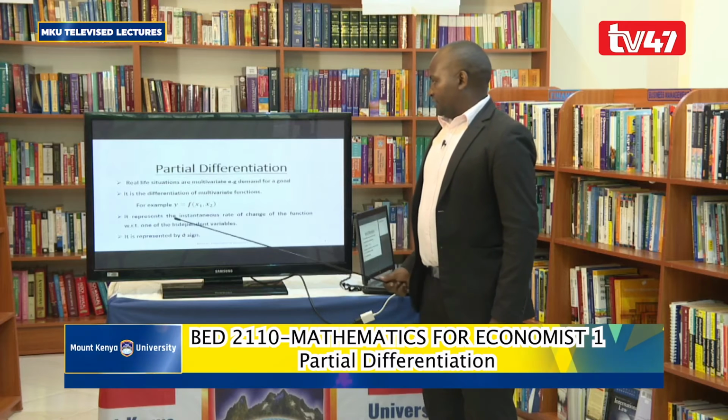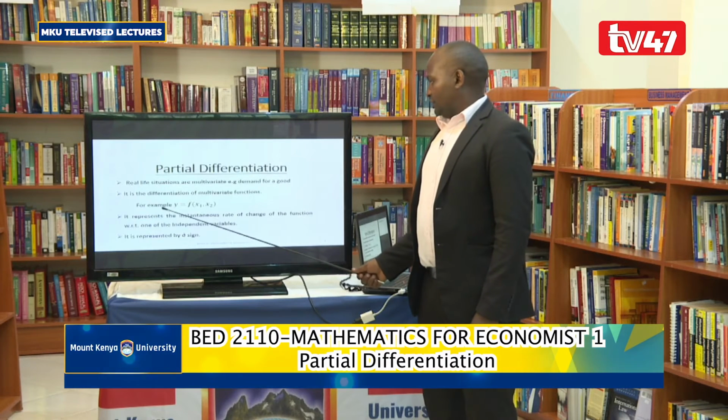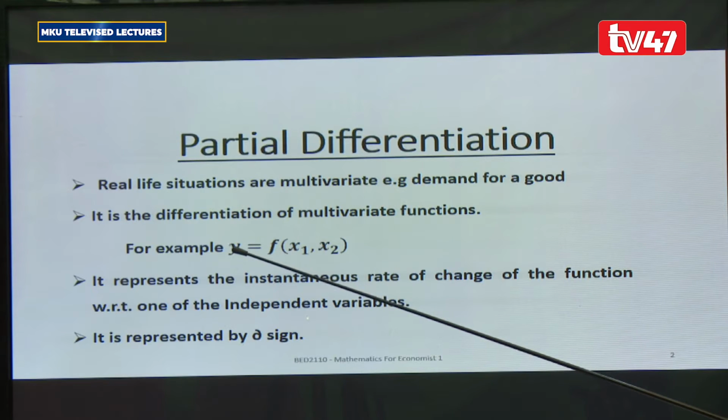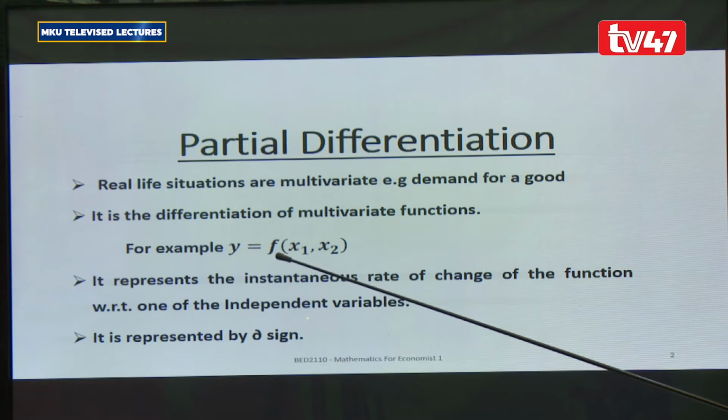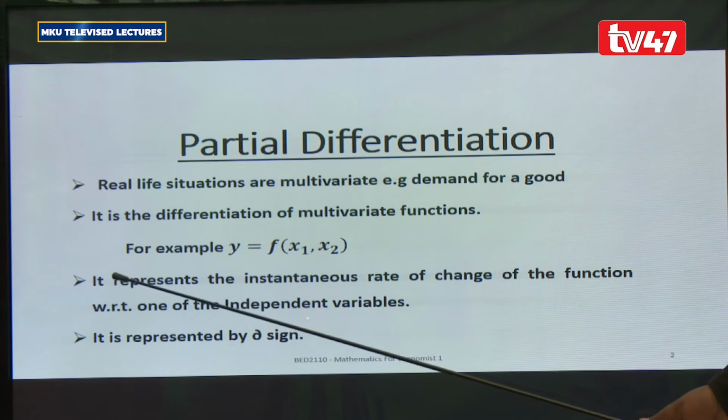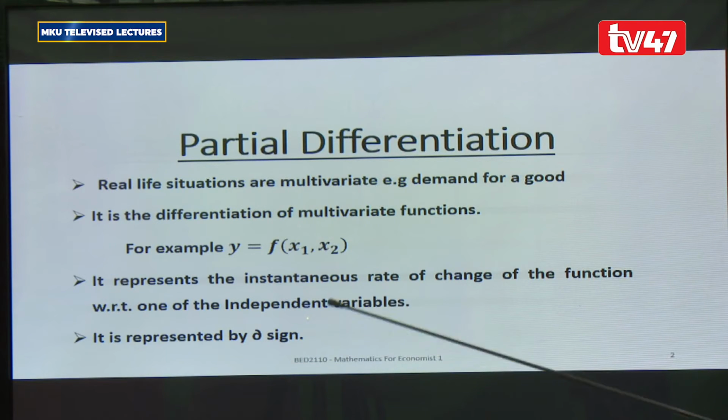An example in this case is this function that is bivariate, where y is a function of x1 and x2. Now, partial differentiation represents the instantaneous rate of change of a function with respect to any given independent variable.